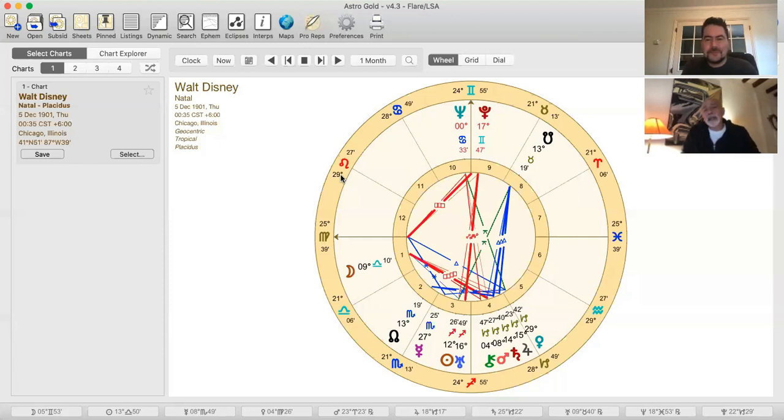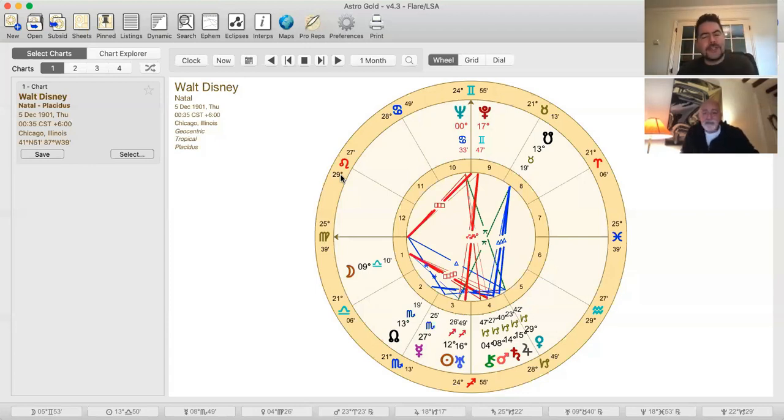So it's a good example of how relocation charts can help to emphasize our natal potential. So it was a smart move for him to move from the Midwest.